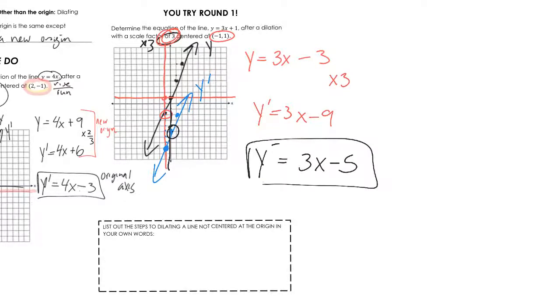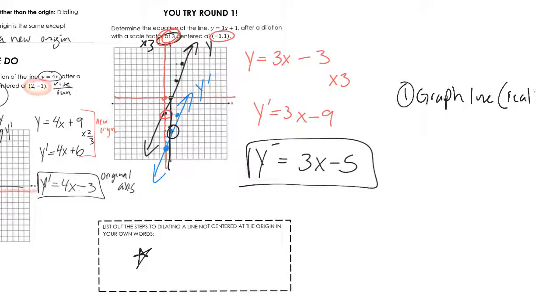So the biggest thing I would actually have now is to list out those steps by yourself. I'm going to do it over here to the right just so you have it. The first step is graph the line, whatever the original line is, and you want to use the real axis. The second step, new origin or new axis.